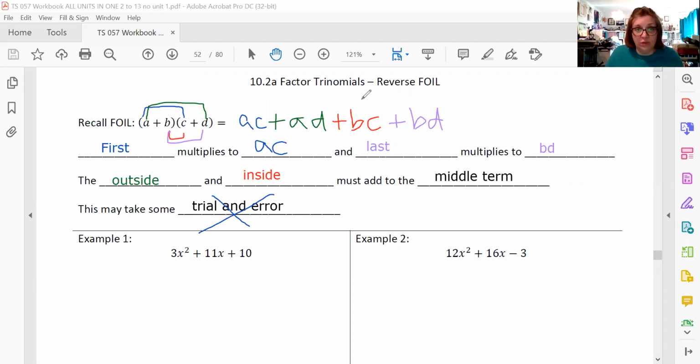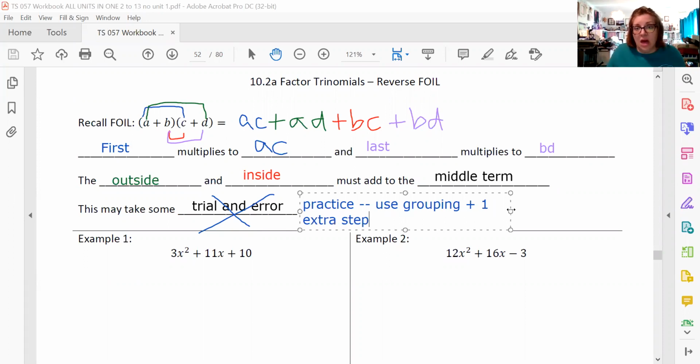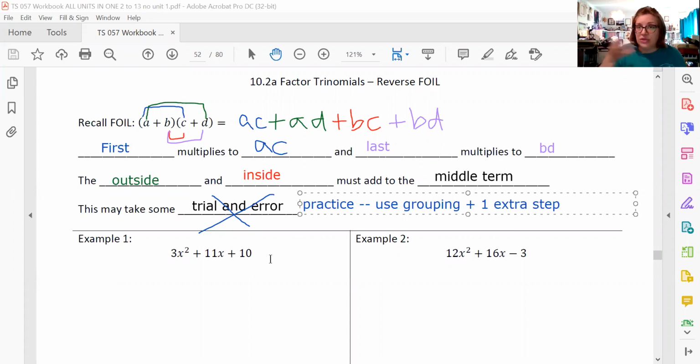This may take some practice. I think it really takes some practice. And we are going to use grouping plus one extra step. And so we'll walk through that. So if you see the other videos, that's great. Maybe the way that they show you will make sense to you.